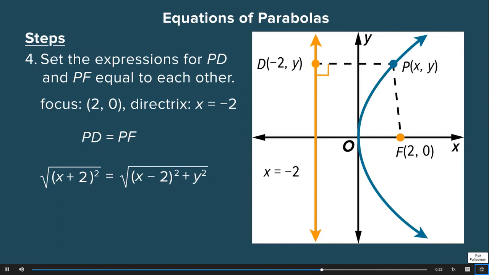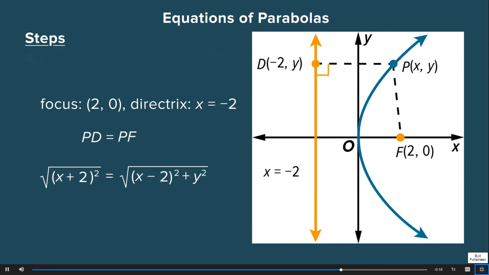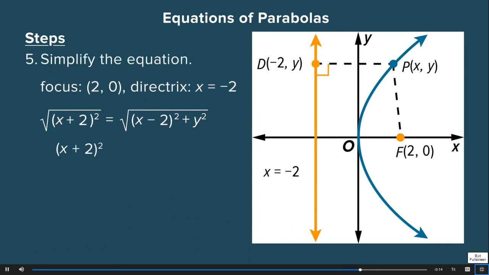So, set the expressions for PD and PF equal to each other. Then simplify the equation.